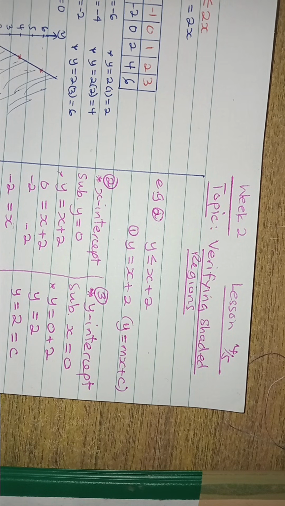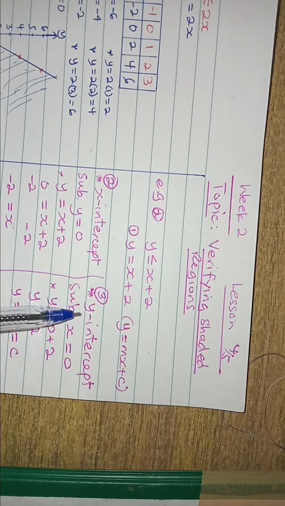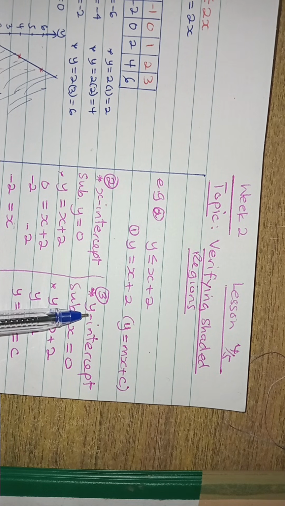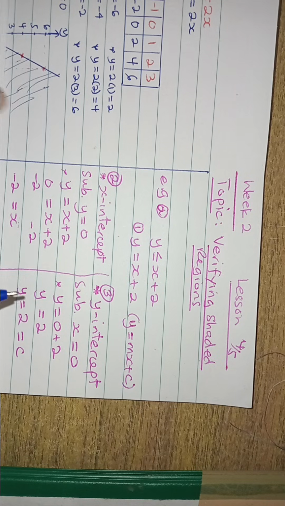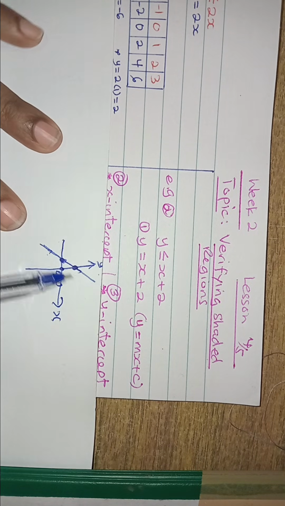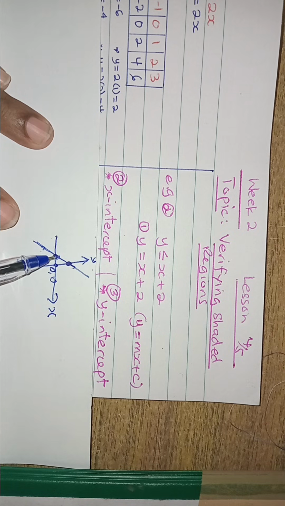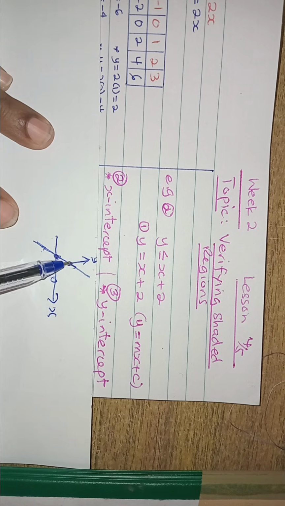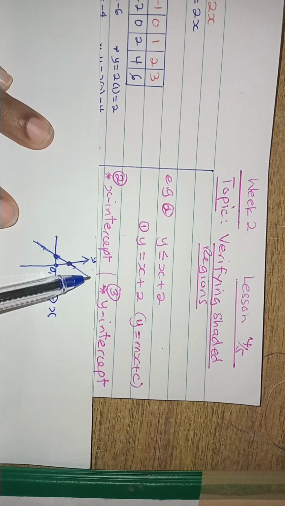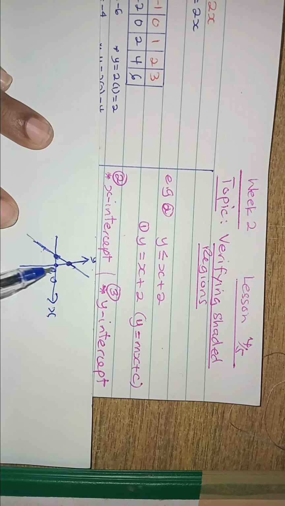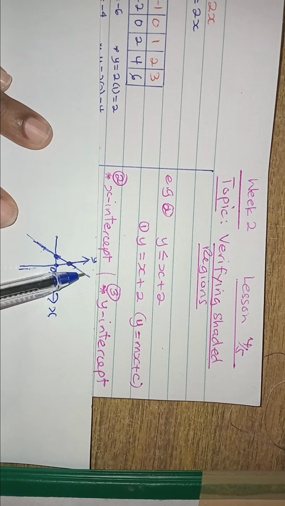Right, how do we find the y-intercept? It's the opposite of finding the x-intercept. As you see on this draft, the point where the line cuts the y-axis is exactly at x equals 0. Where x equals 0, you have the y-axis, and the straight line cuts the y-axis at this point.